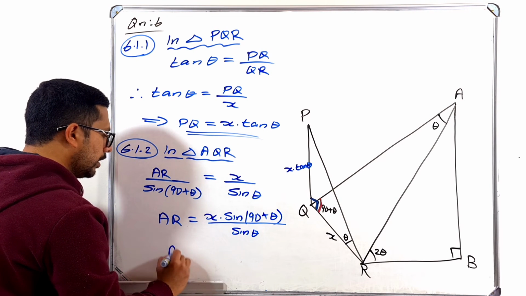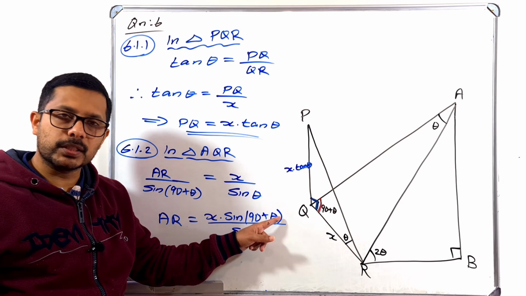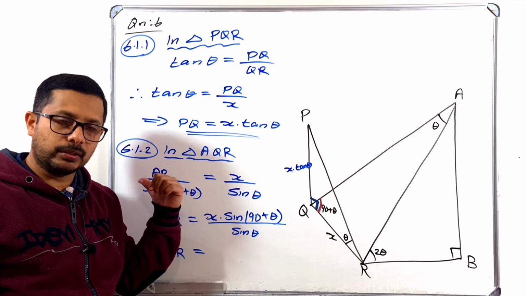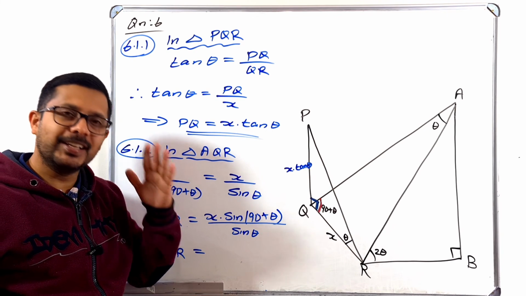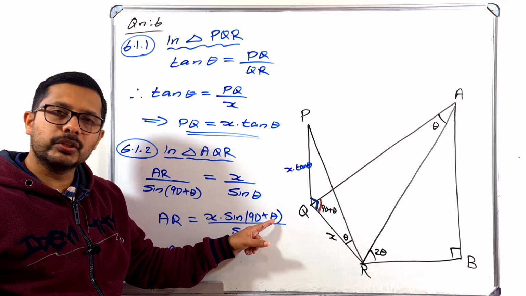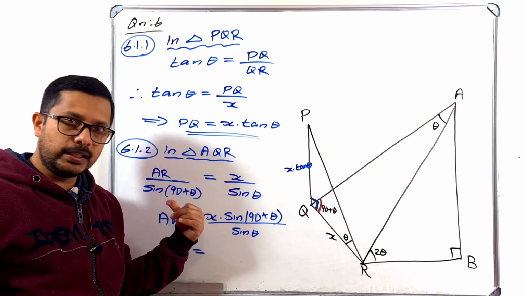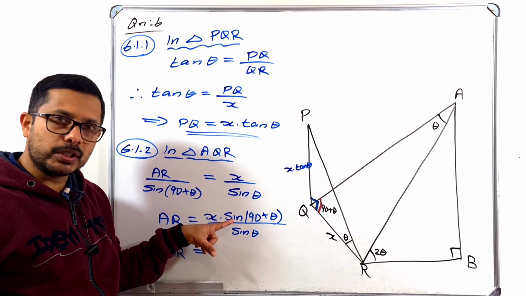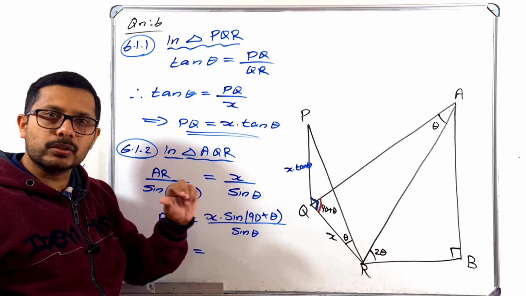Tell me what is sine of 90 plus theta? 90 plus theta means second quadrant. Second quadrant, what is positive? Sine is positive. So it is positive. Then if it is based on 90, you have to change to its cofunction.